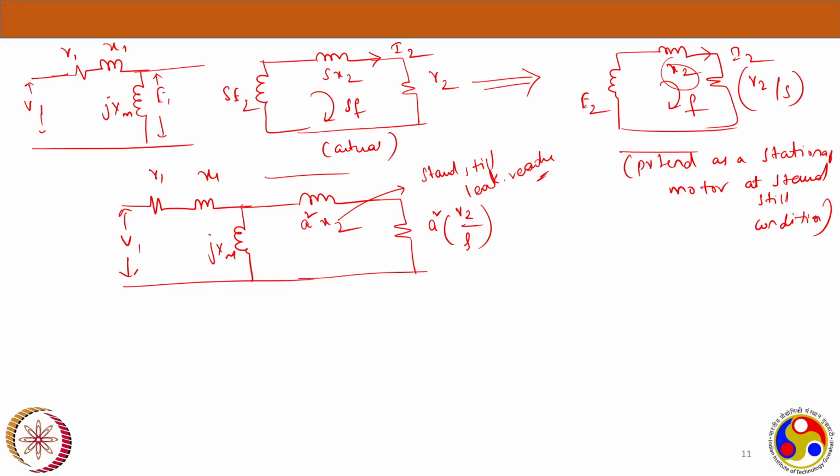Now we could have just skipped this entire discussion by just saying, okay, you divide all the expressions by S, and it will be E2, X2 and R2 by S, and you can join it. But that's not how we should understand the equivalent circuit concept. Why do we have to divide it? What happens when we divide it? Does that division make any change in the behavior? So why are we dividing it? Every discussion, whatever we discussed for the past 1.5 hours, is very important.